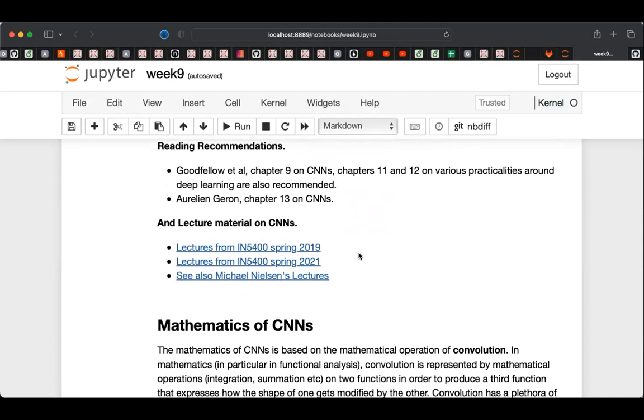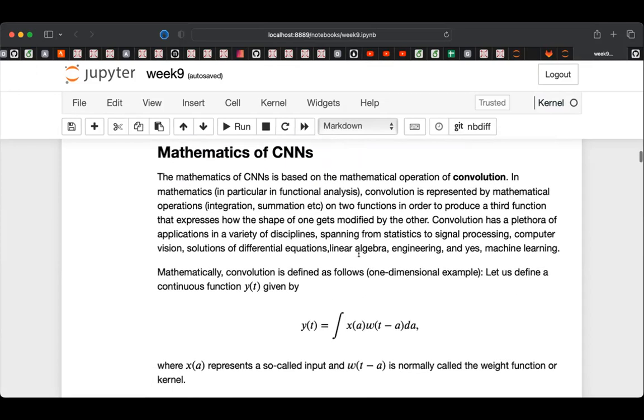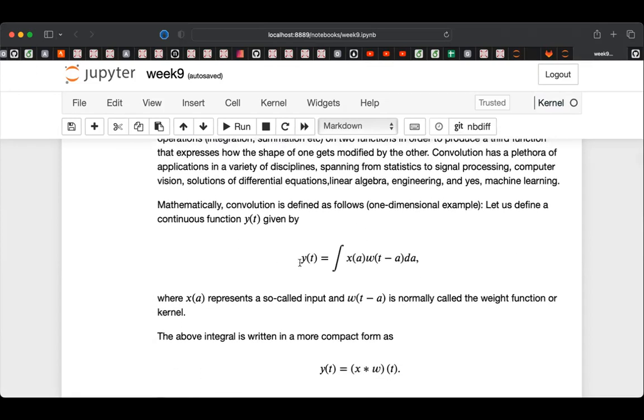So the mathematics of convolutional neural networks is obviously based on the mathematical operation of convolution. And we have discretized and continuous versions. Mathematically, it's defined in terms of the equation which you see here.